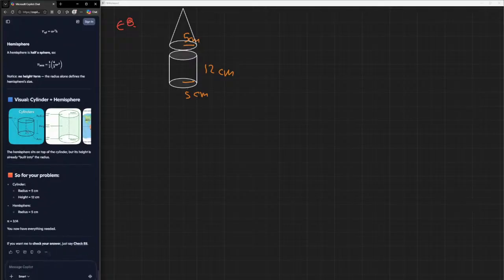Alright, let's do what we know, and then we see what we miss. Pi r squared times the height.